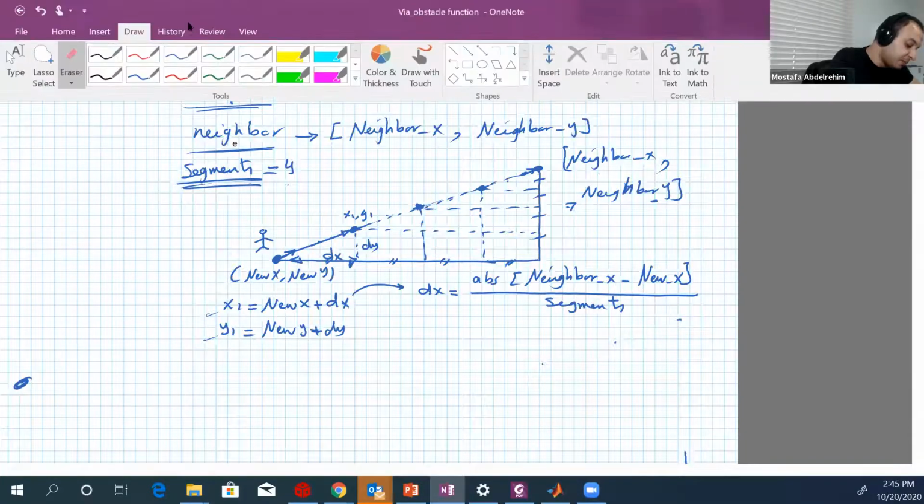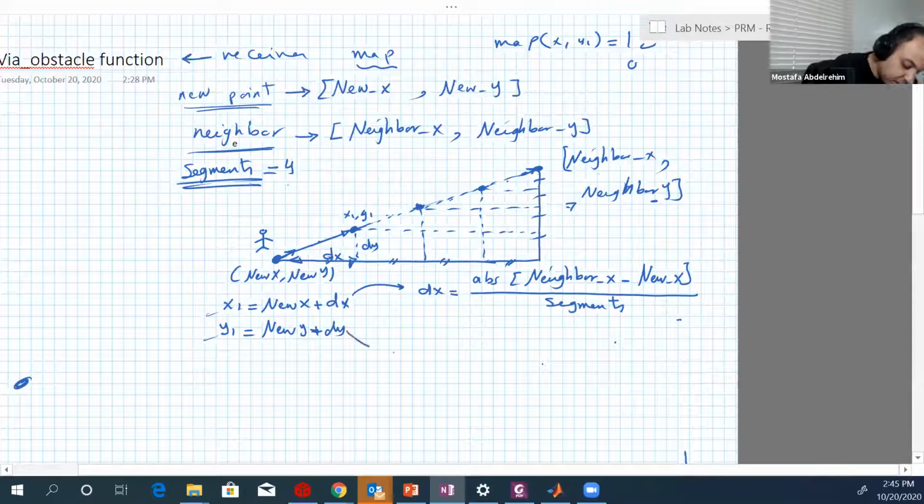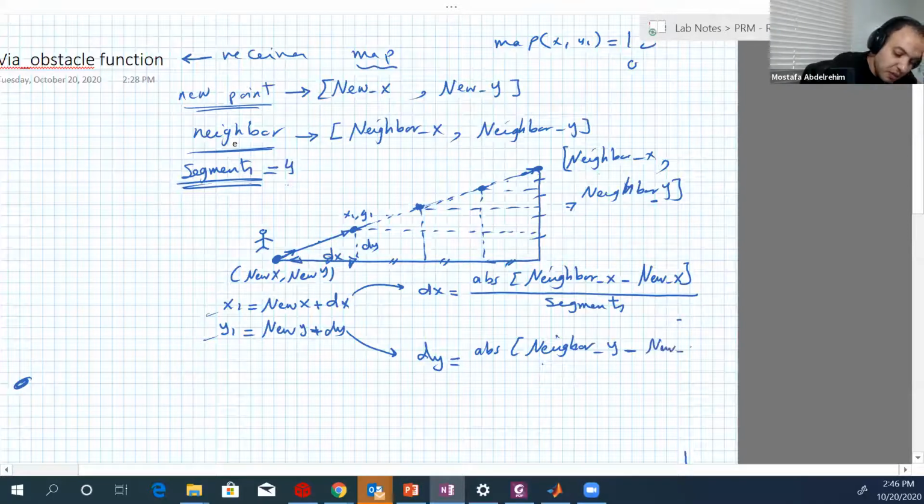And dy is something very similar: absolute of neighbor y minus new y, divided by the number of segments.